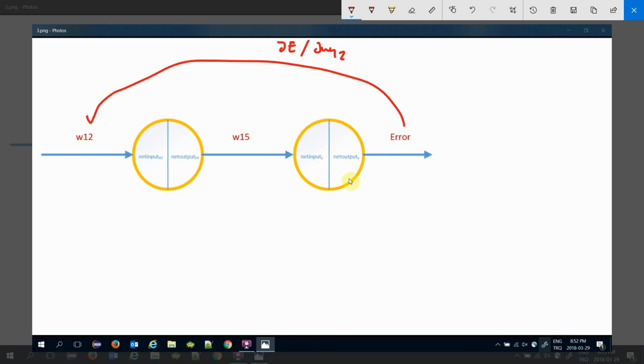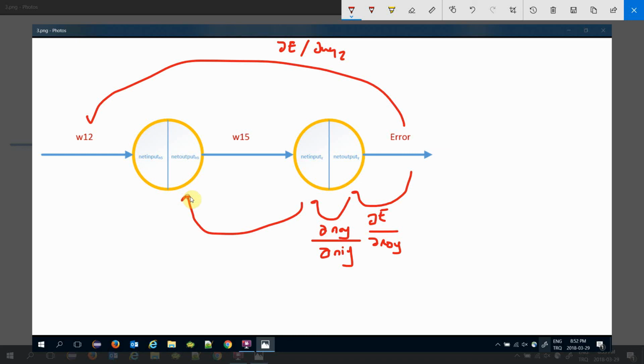We can apply the chain rule here, like in our previous example. The derivative of total error with respect to the net output y, after that, the derivative of net output y with respect to the net input y.